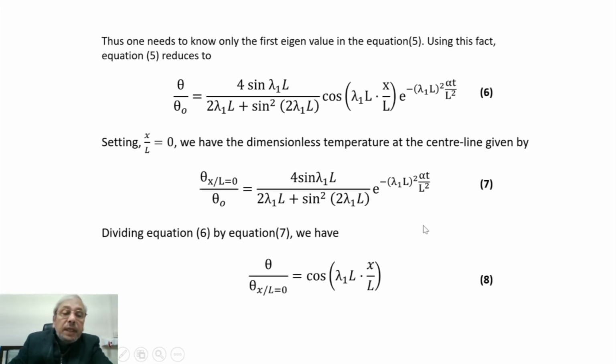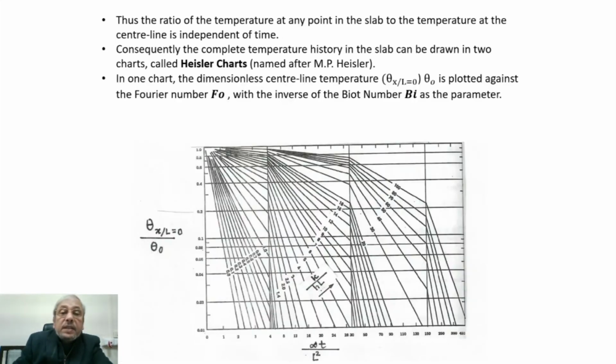And if we divide equation 6 by equation 7, we get another important relationship: theta anywhere in the slab, that means at any x in the slab, divided by theta at x by L equal to 0 at the center line, equals cos lambda 1L into x by L. So these three are the final conclusions, 6, 7, 8 of our analysis.